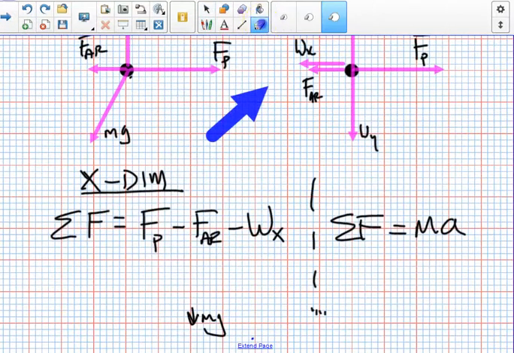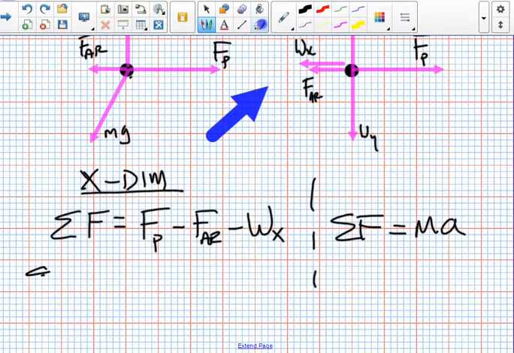Over here on the left, I think we have enough information to sort this out. The net force is going to equal the propulsion force, which they give me, 3350, minus the force of air resistance, which is 290. And now I need the x component of the weight.